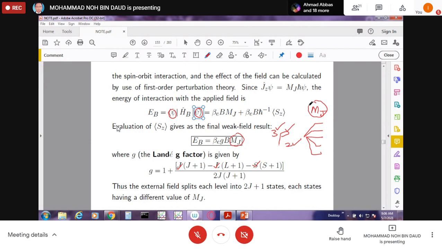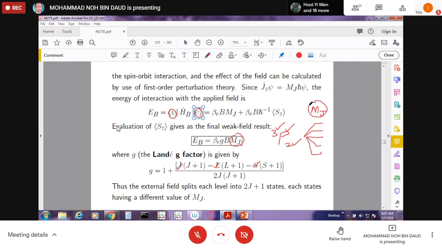We also can proceed by adding different couplings, probably between L and the nuclear spin angular momentums with J, because we know the nucleus also has its own angular momentums.